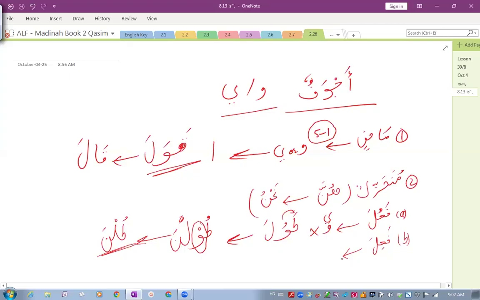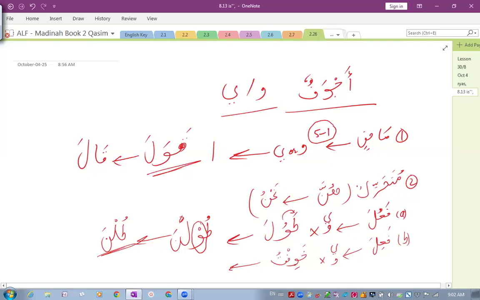What do you do? The waw or the ya will get dropped. Same rule, right? Now it will get a kasra instead of a fatha, instead of a dhamma. So khawiftu, for example.